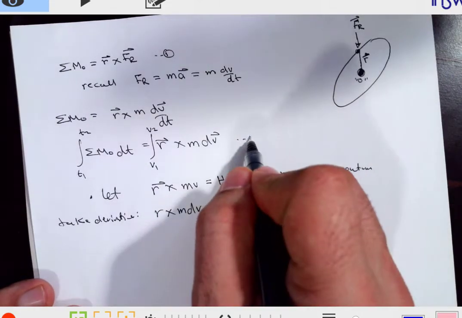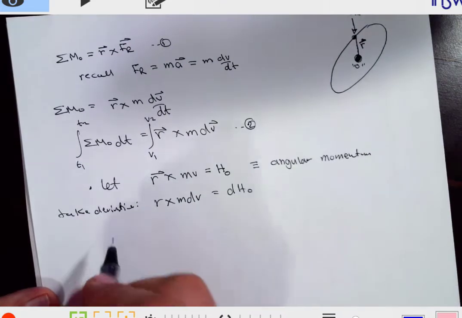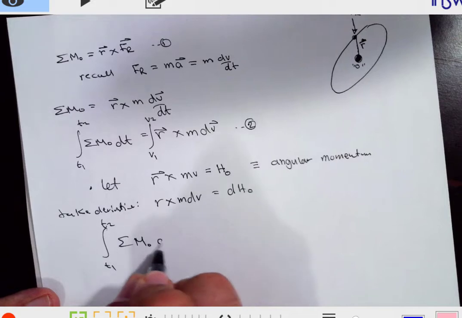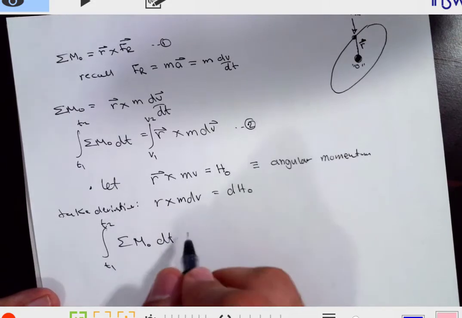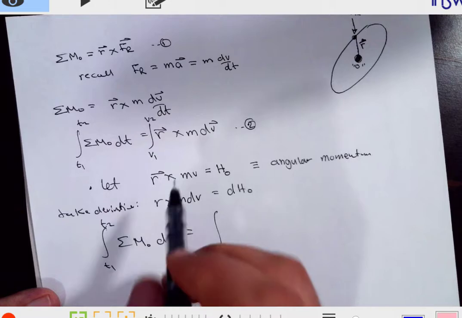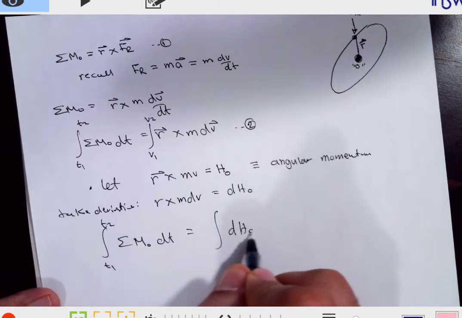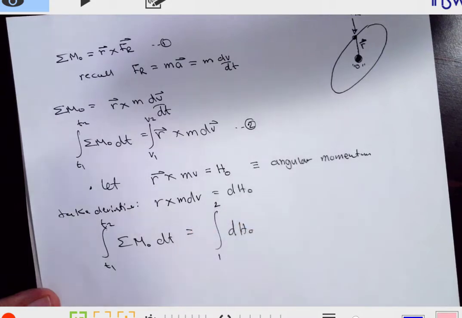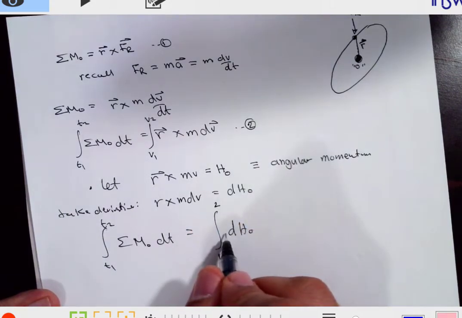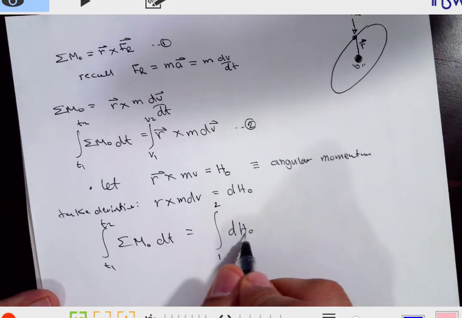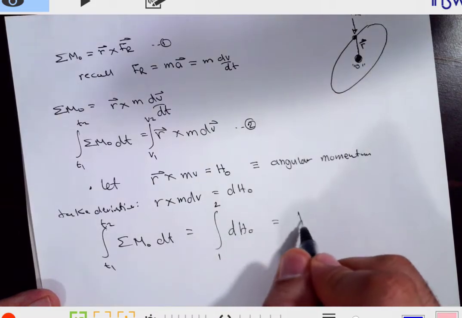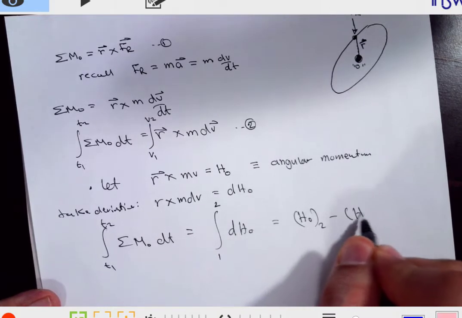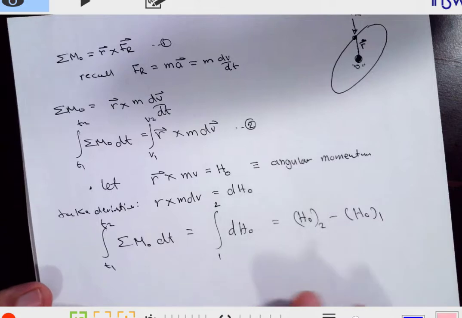Which means my equation 2 is simply T1 to T2 summation of all moment over the time equal to dh naught from 1 to 2. Now integration of dh naught is with respect to h naught, it's h naught. So this is equal to h naught 2 minus h naught 1.